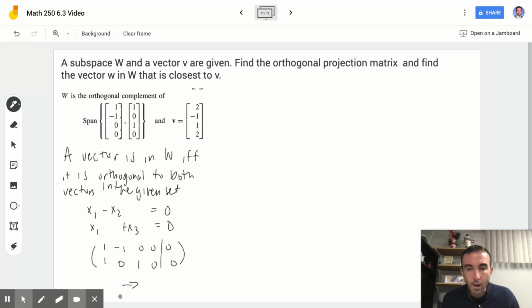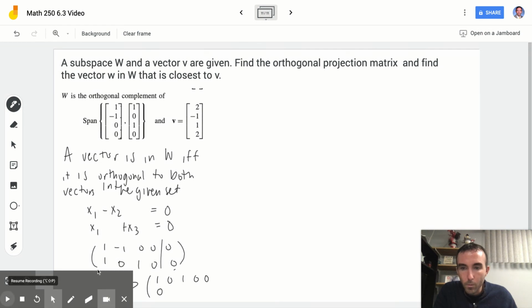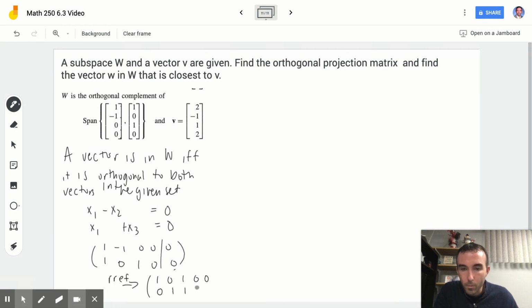The RREF of this matrix lets us write this out as a system like we did earlier: x1 plus x3 equals 0, x2 plus x3 equals 0.